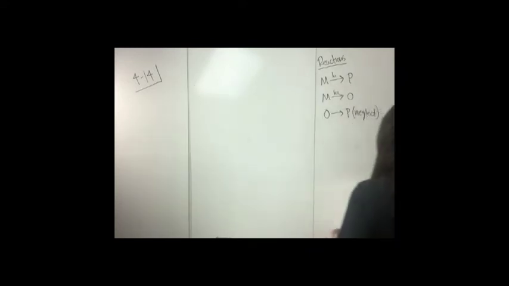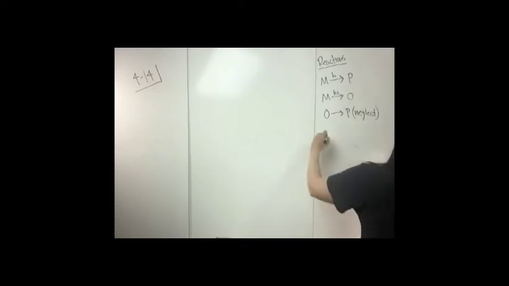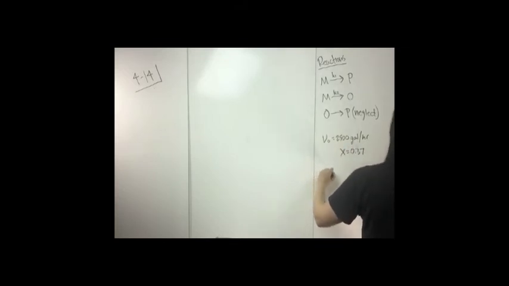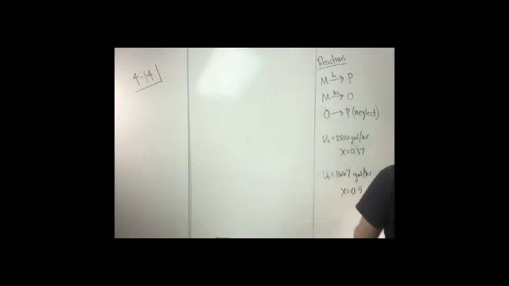I'm going to write down what we know here too. Basically we're figuring out the type of reactor. First of all, we know that when V naught is equal to 2,500 gallons per hour, X is equal to 0.37, and when V naught is equal to 1,667 gallons per hour, X is equal to 0.5.